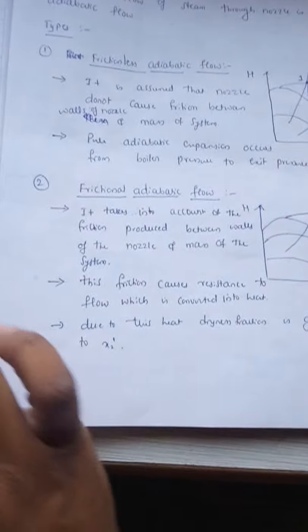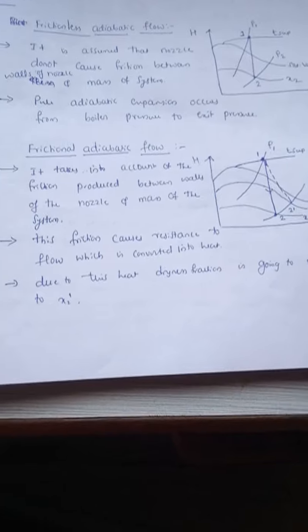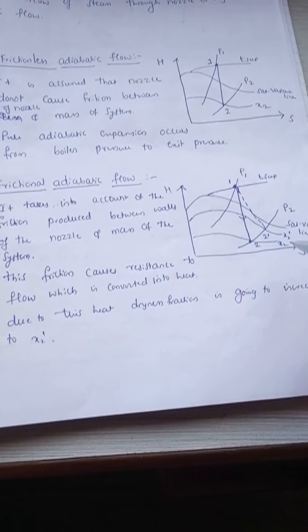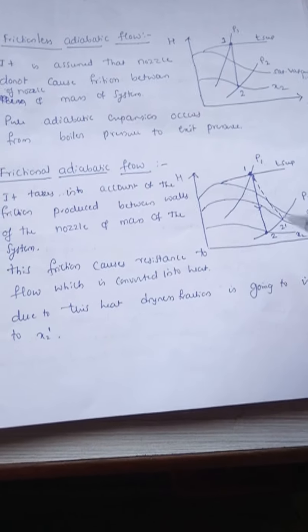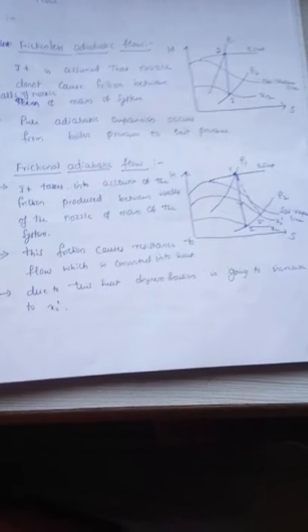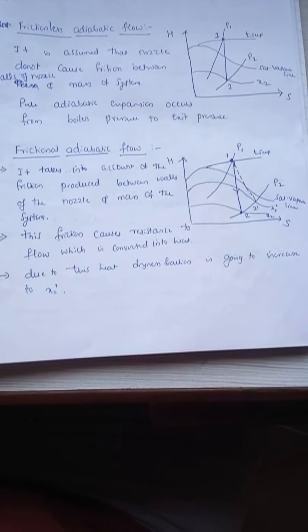So next one is frictional adiabatic flow. If I take the friction factor into consideration, this dotted line will be the actual case. Here x2 is the quality of the steam, and at x2 dash it becomes the new quality of the steam because of friction. What is friction? Friction is the resistance to the flow. When it resists the flow, there is friction, and friction means heat generation.